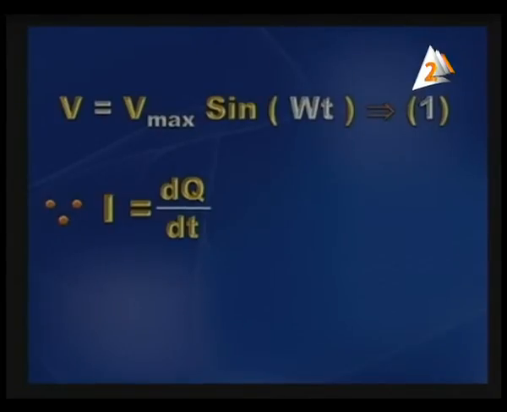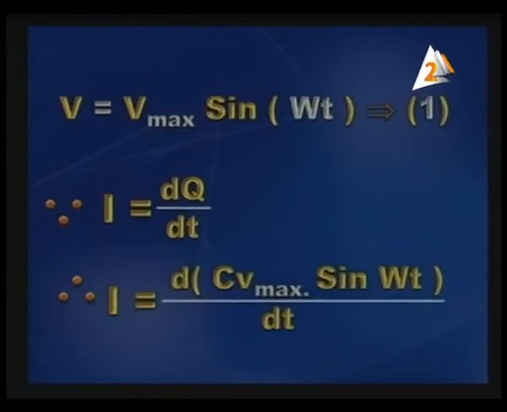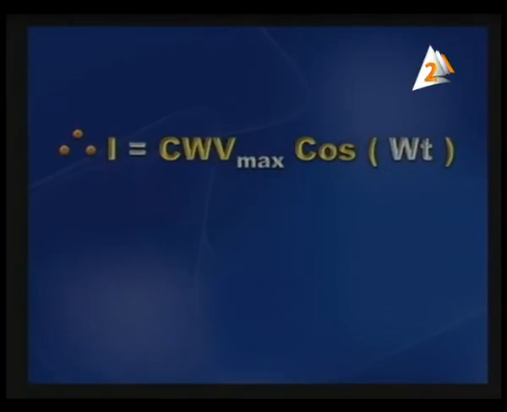And what about the current? It is obtained from the relation: it is the first derivative of the charge with time. So I equals dQ/dt equals C V maximum sine omega t, so we can say I is equal to C omega V maximum cosine omega t.